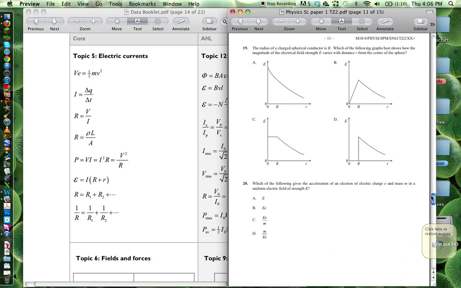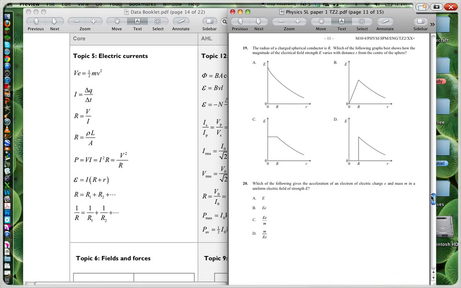Fine, going on to 19. We have the radius of a charged spherical conductor, because this conductor is R. Which of the following graphs best shows how the magnitude of the electric field strength E varies with distance R from the center of the sphere? So we're looking at from the center of the sphere.